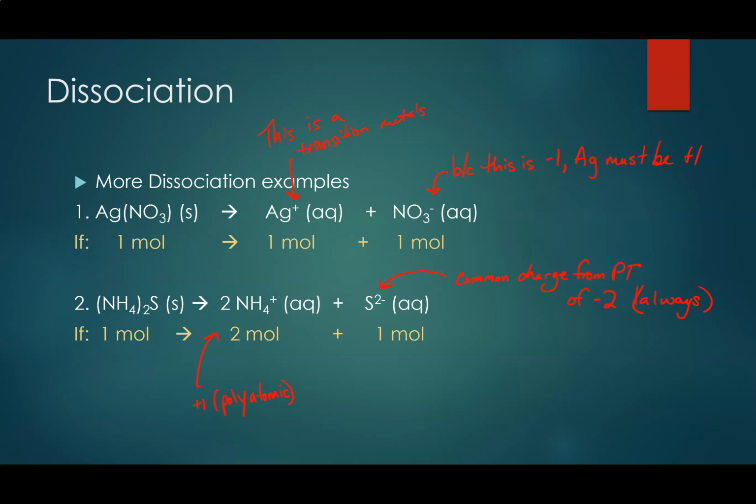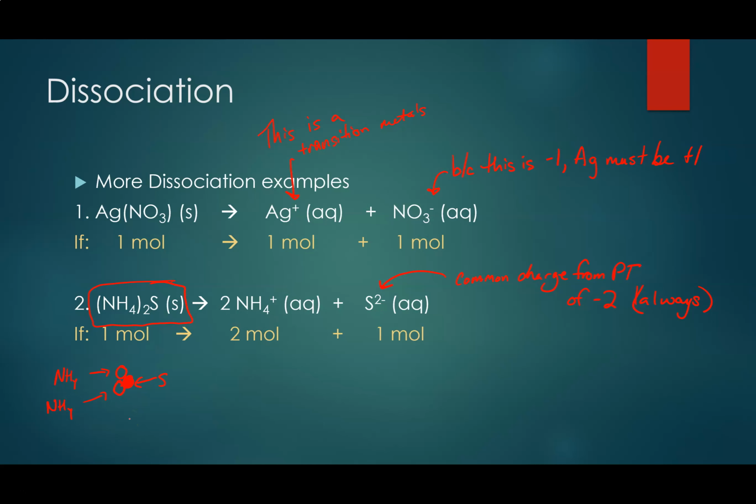Now, when we broke this particular compound down into its parts, 1 mole of this has 2 NH4s and 1 S. So when we break it down, one of these will break into 2 of the NH4s and 1 of the S's.